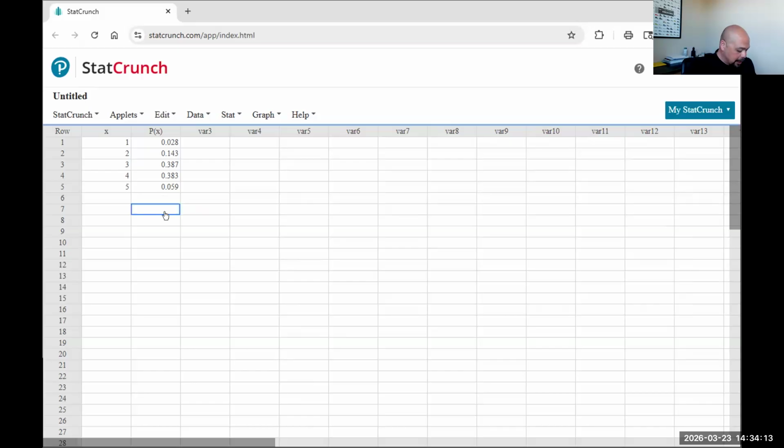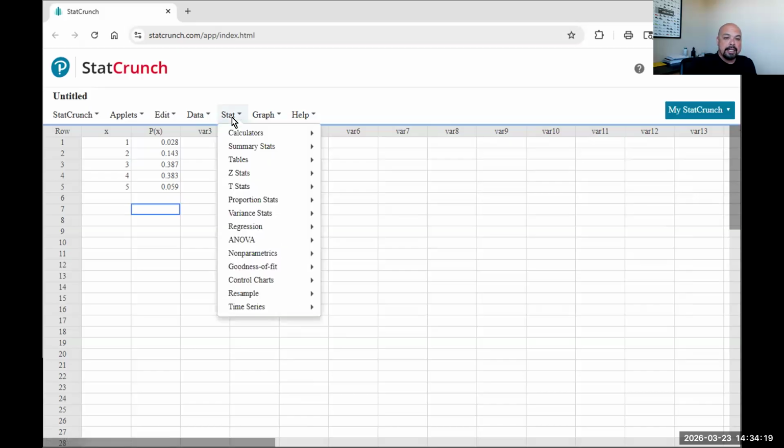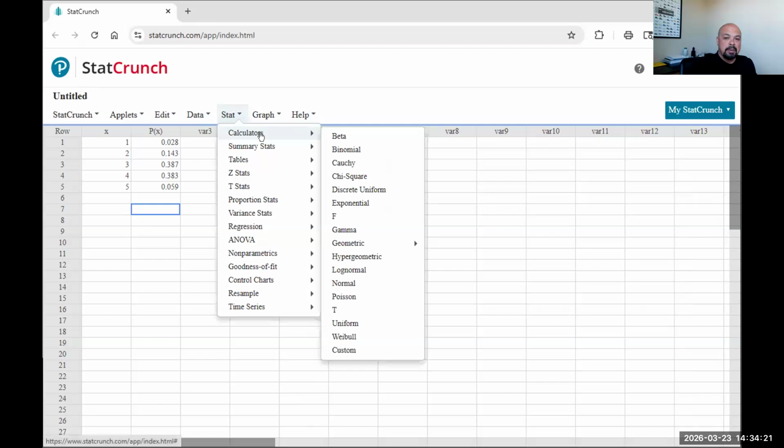And so now if I want to calculate the expected value of the mean, our standard deviation, what we're going to do, we're going to go to stat calculators, but now we have to go to our custom calculator, okay? This is similar to calculating the mean standard deviation for group data, but now instead of having those frequencies, we have the probabilities.